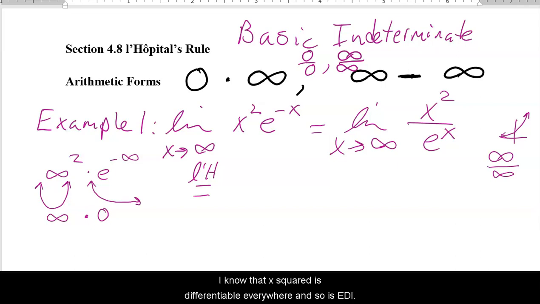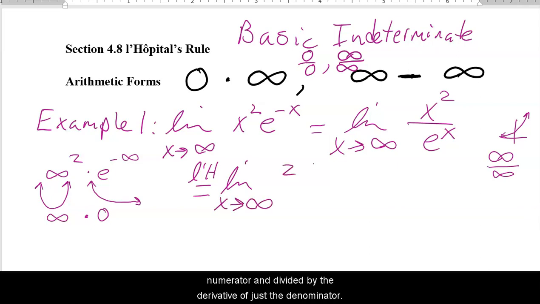I know that x squared is differentiable everywhere, and so is e to the x. Thus, I can apply L'Hopital's rule. This means that I can take the derivative of just the numerator and divide by the derivative of just the denominator. The derivative of x squared is 2x, and the derivative of e to the x is e to the x.